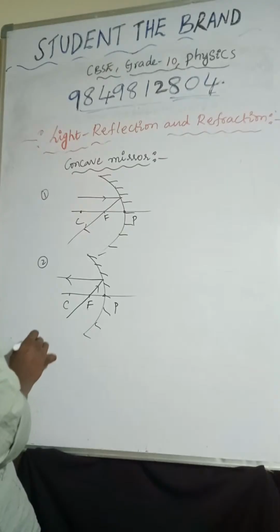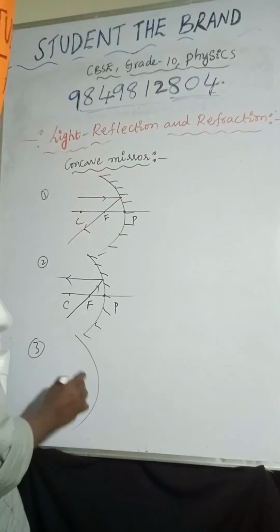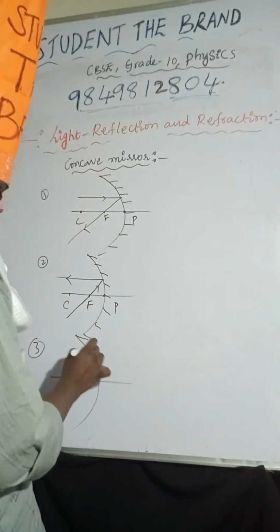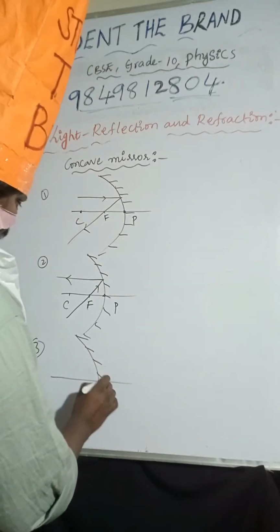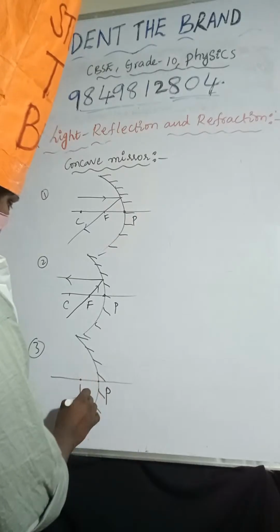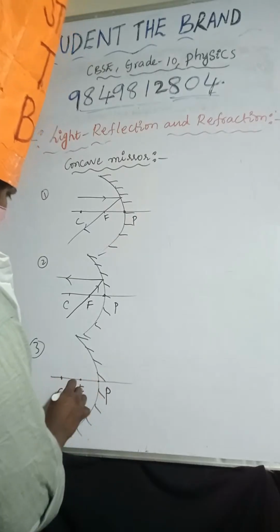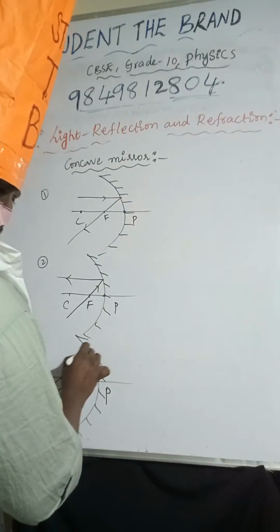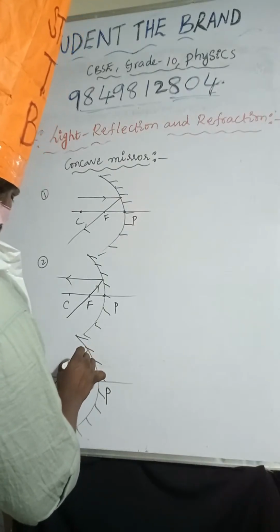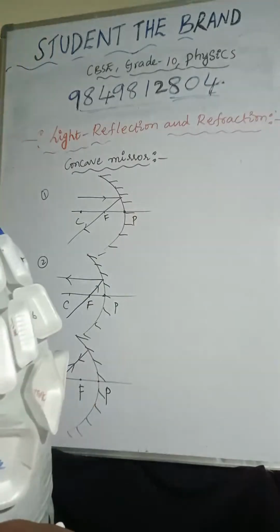Coming to the third one: with the pole, focus, and center of curvature, a light ray passing through the center of curvature, after reflection, retraces its original path.